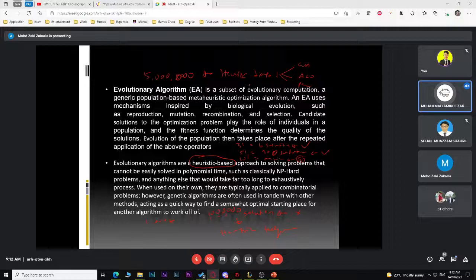Jadi macam heuristic base ni basically dia macam solution boleh terima lah. Yeah. Rule dalam banyak-banyak tu, walaupun ada yang lagi perfect tapi kita ambil.